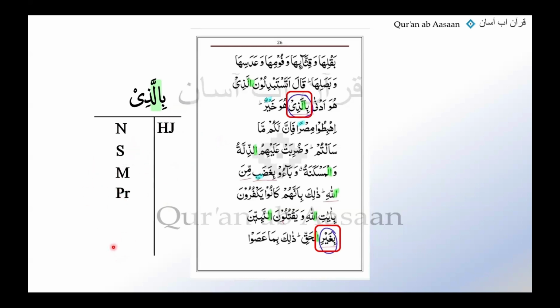I can see in the chat box everyone's writing jar because of B, but that comes after the case sign part here. Do we even know what the case sign is first here? Then we'll move on to the reason. And how do we determine the case signs? That's the thing that we have been learning from the beginning. When we are unsure of the case sign of any noun, what do we do? We compare it with the nouns under the case sign section of the noun chart, right?